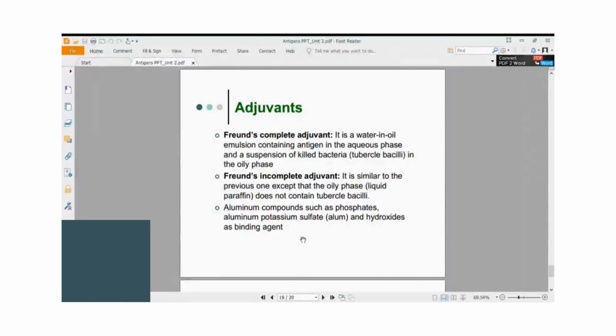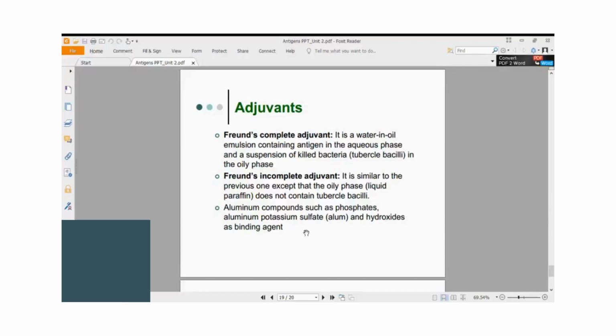It may be excreted from your body to a large extent, and it may fail to stimulate an immune response. In order to boost the immune response and make the injected antigen or vaccine available for a long duration in the body to the immune cells, adjuvants are used.